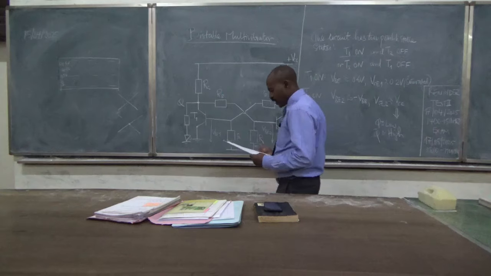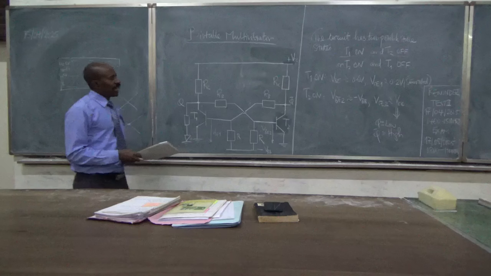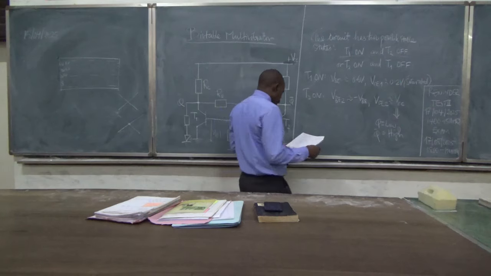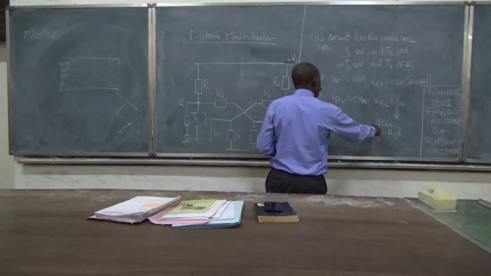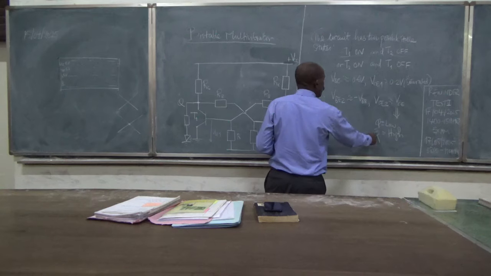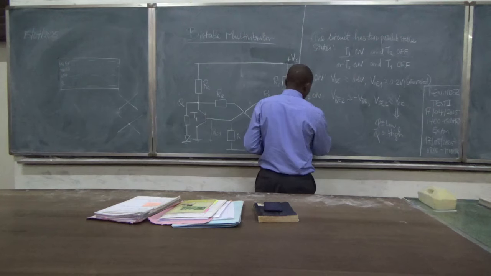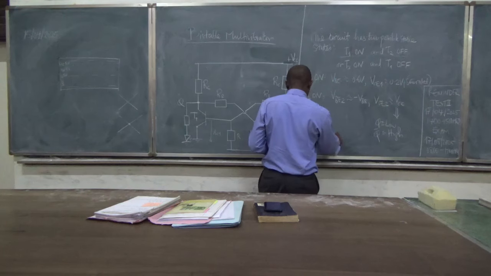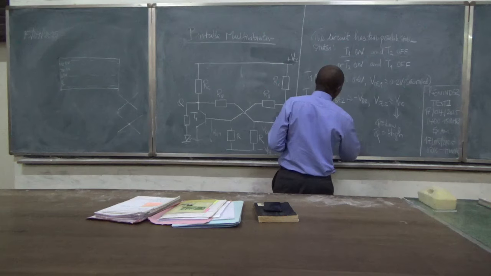So this is like a NOT gate. You put 1, you get 0, you get Q bar. We are used to saying that if this is 1, this is 0. But if Q is low, then Q bar is high. And T2 is on, and this is the reverse of that.